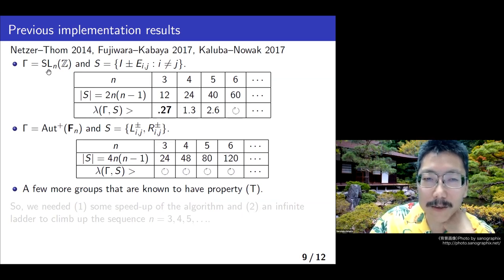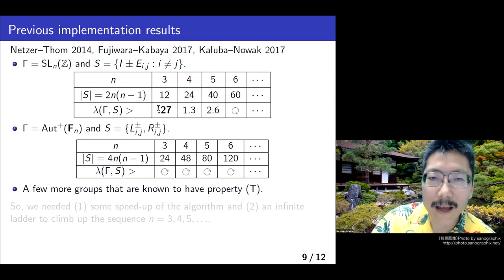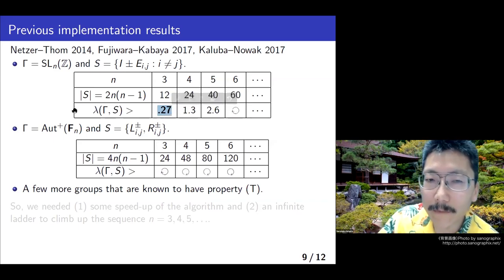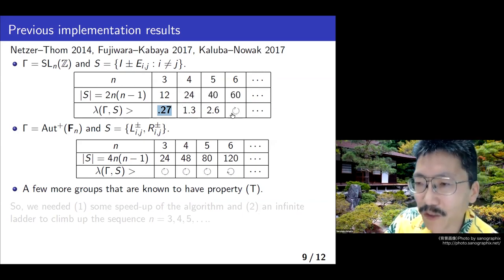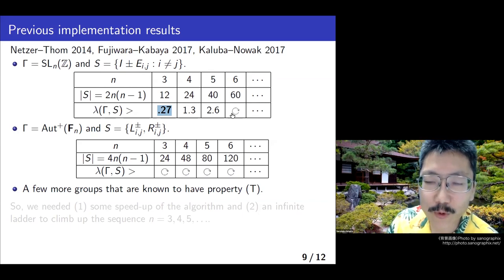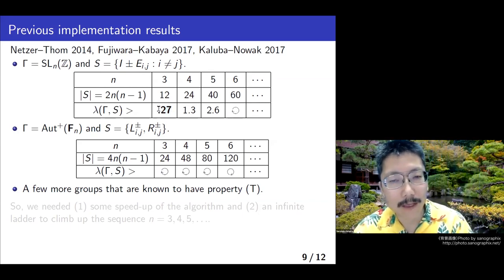But still, this computer experiment told us a very interesting thing: the Kazhdan constant for n equals 3 is very bad. For 4 and 5, it's good, it's almost visible. N equals 3 is very bad. I didn't write it here, but when you expand the searching area from Borel radius 2 to Borel radius 3, this number suddenly gets better, comparable to this.